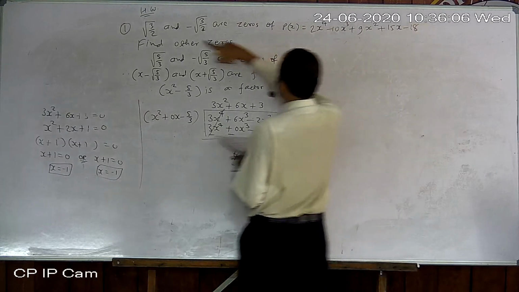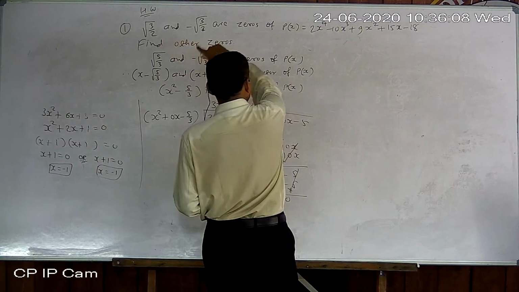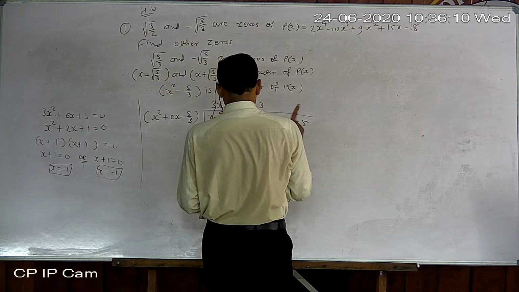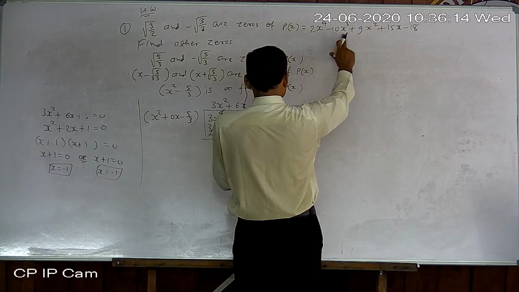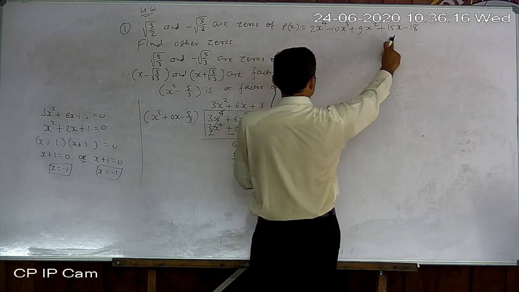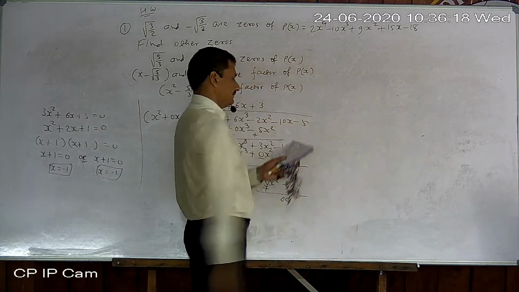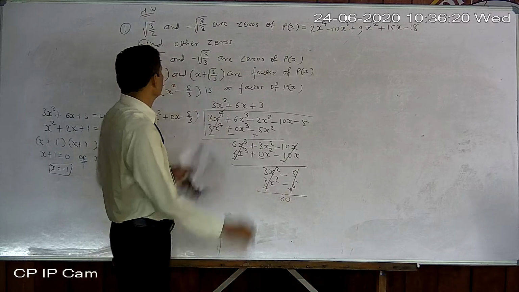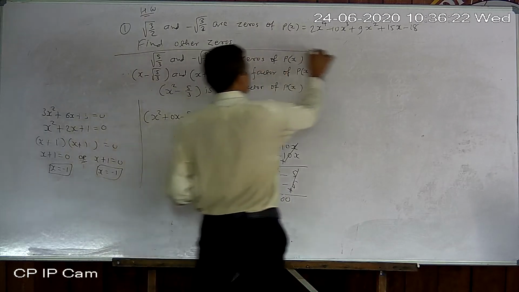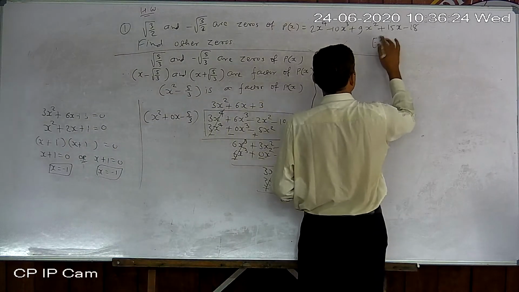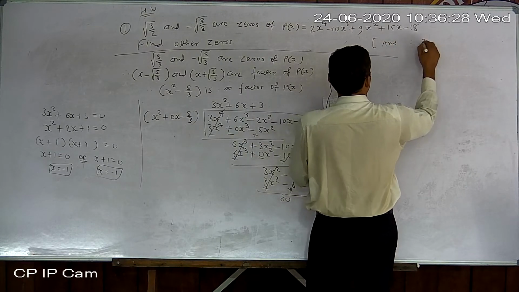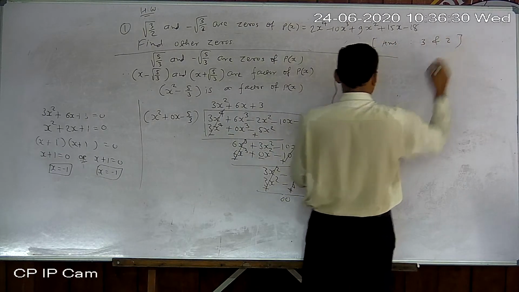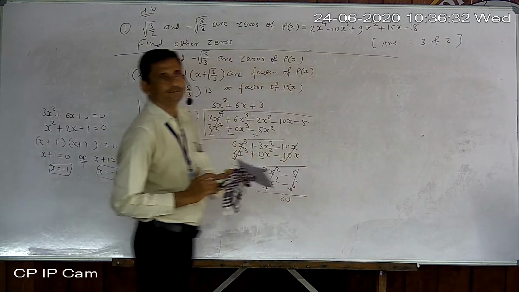Again, 3 by 2, root 3 by 2 and minus root 3 by 2 are zeros of the polynomial 2x4 minus 10x cube plus 9x square plus 15x minus 80. Find other zeros. Okay, and the answer will be 3 and 2.